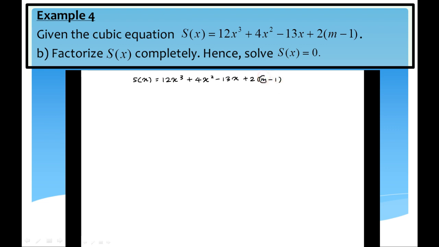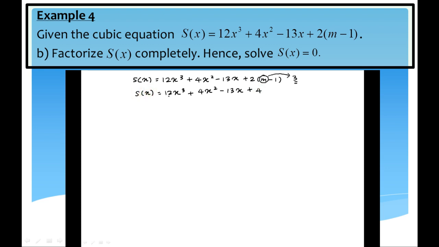From part A, we already know the value of m is 3. So 3, we need to substitute into m. That's why we will get 12x cubed plus 4x squared minus 13x plus 3. Actually m is 3. So 3 minus 1, 2. 2 times 2, 4.